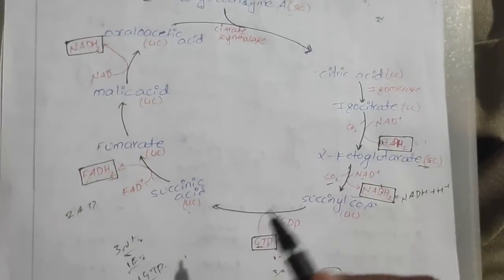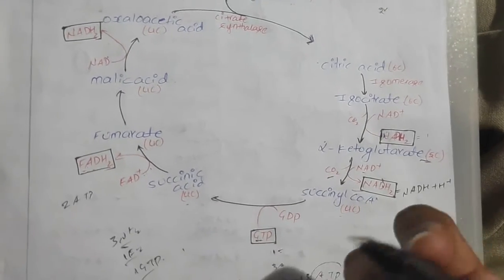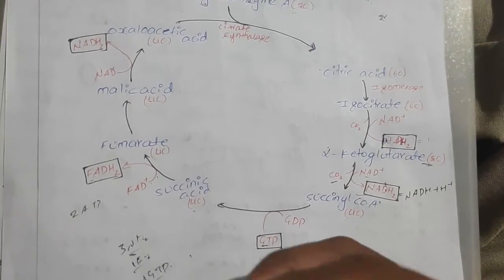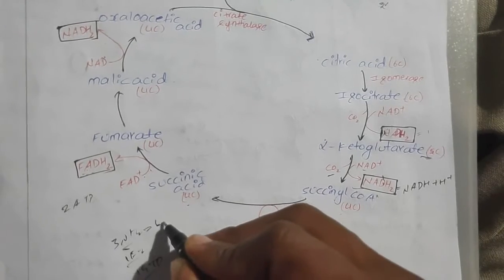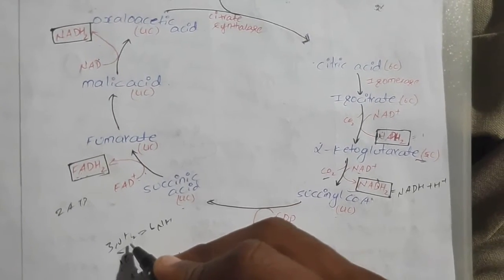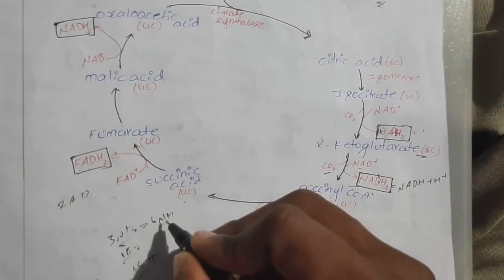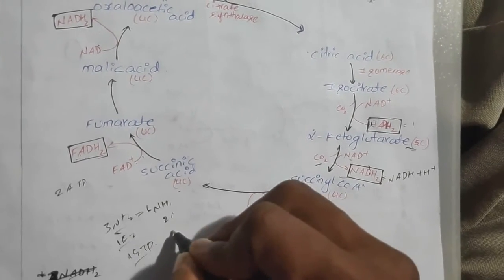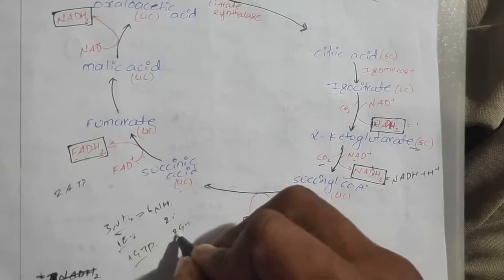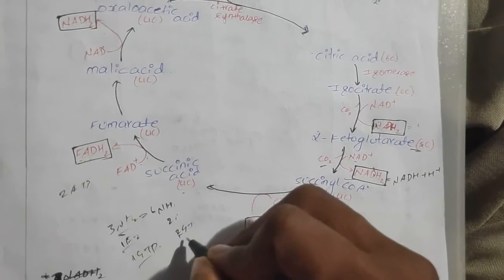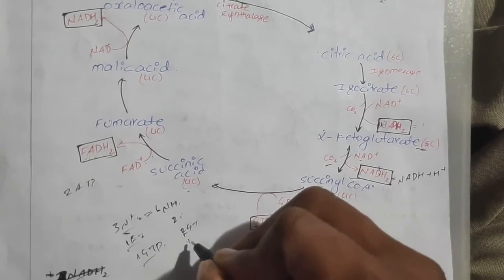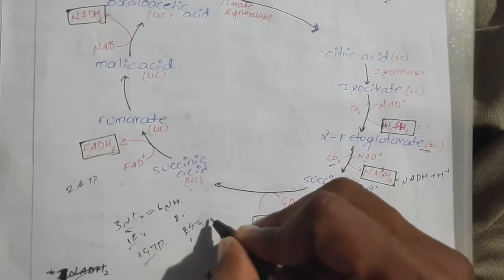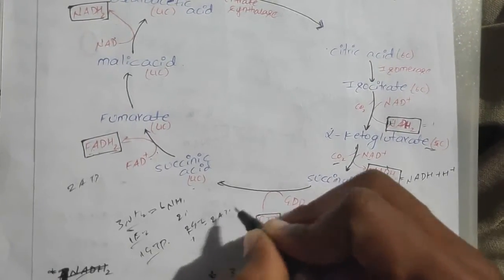So these 2 molecules of pyruvic acid will enter into the Krebs cycle, and finally we are getting 6 NADH2, 3 from 1 pyruvic acid and 3 from the other pyruvic acid. Therefore, for 2 molecules of pyruvic acid, 6 NADH2, 2 FADH2 and 2 GTP, and 1 GTP is equal to 1 ATP, therefore 2 GTP is equal to 2 ATPs.